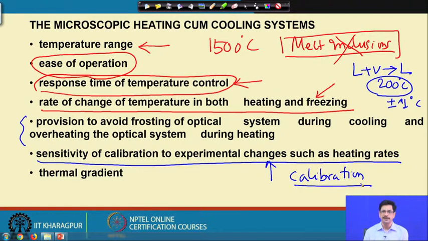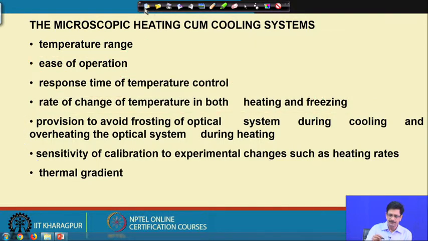So, such heating freezing systems which are used in all our laboratories need to be calibrated, and for that calibration we need to have some known standards. For example, we know that if we take pure water, the ice and water equilibrium will correspond to 0 degrees Celsius.